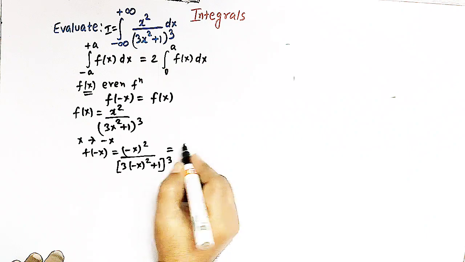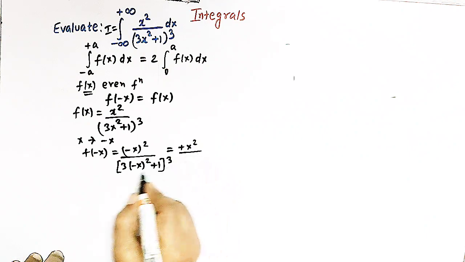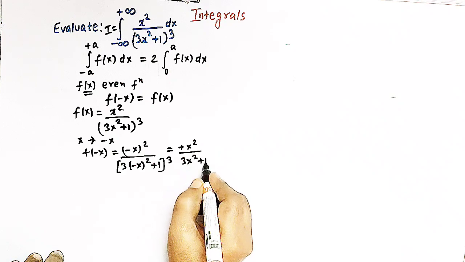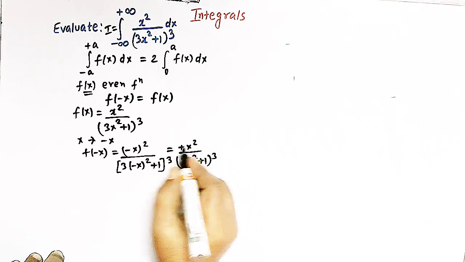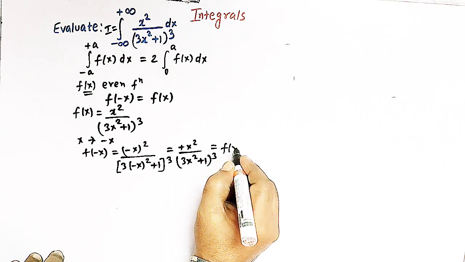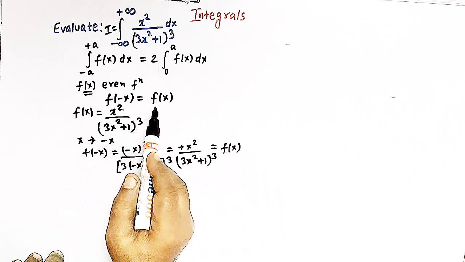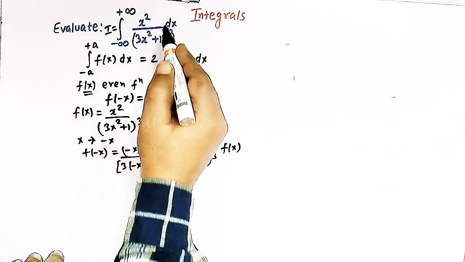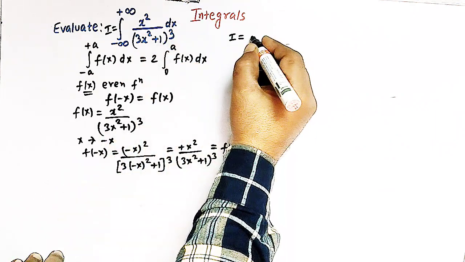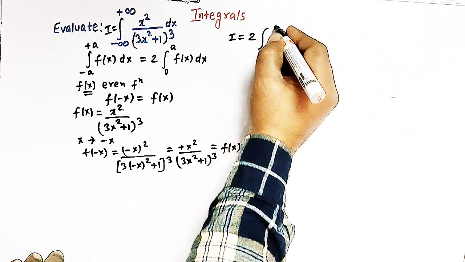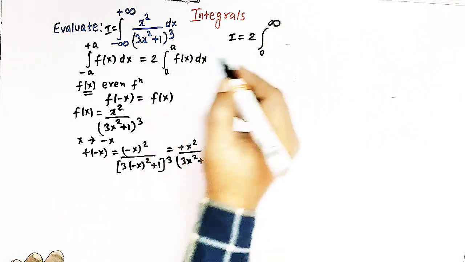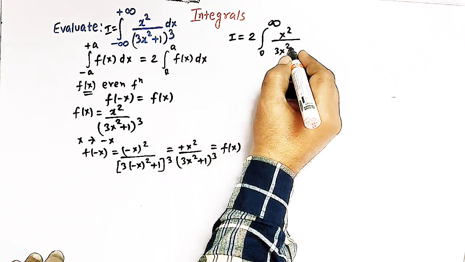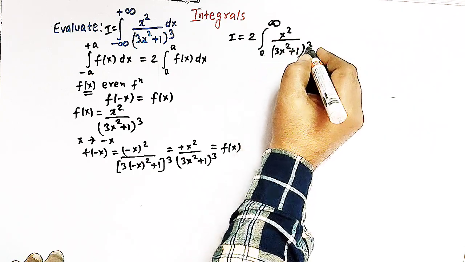So minus x square is a positive x square, and here also we have positive x square, so this is x square over (3x square plus 1) cube, and this is our function f of x. So we have seen that f of minus x is equal to f of x, so this function is an even function, right? So now this integral I can be written as 2 times the integral from 0 to infinity, that is 0 to a, of x square over (3x square plus 1) cube, right?